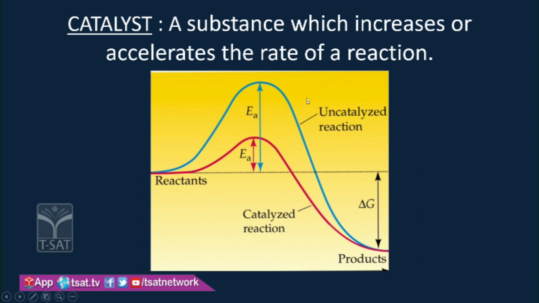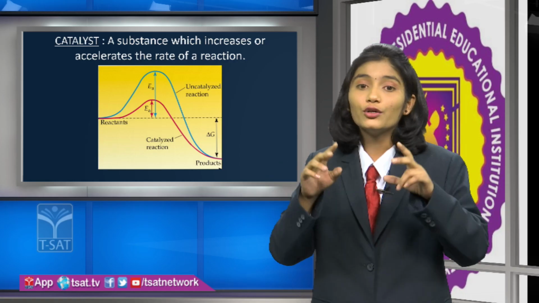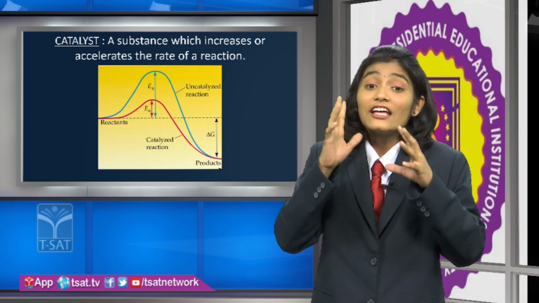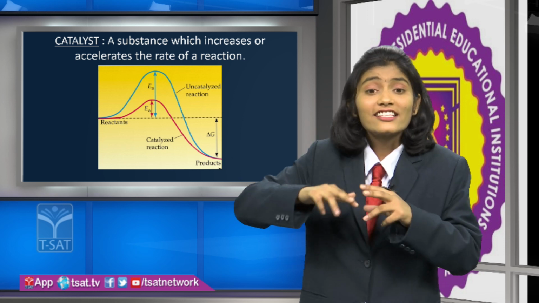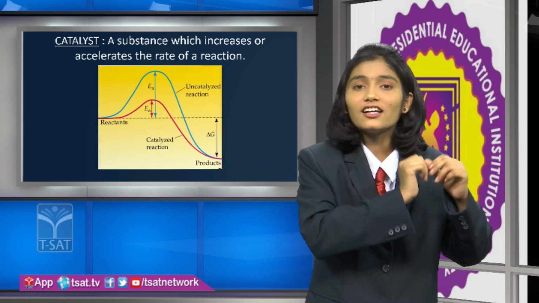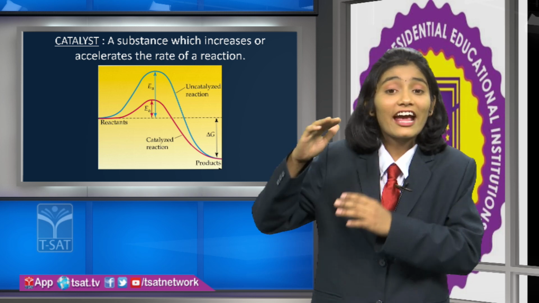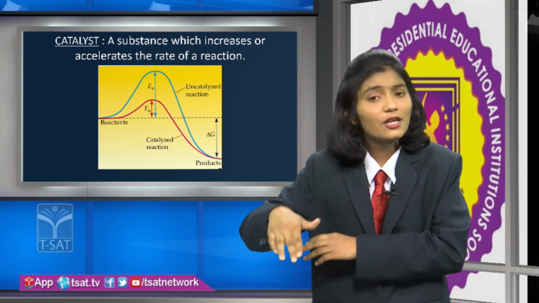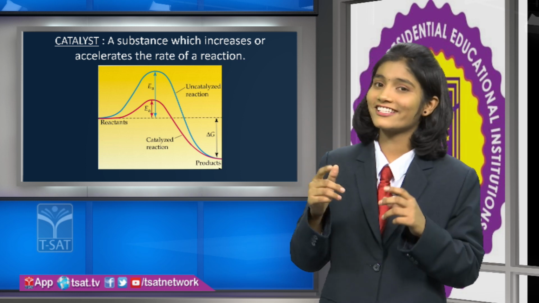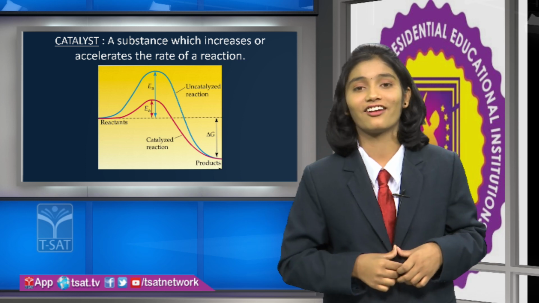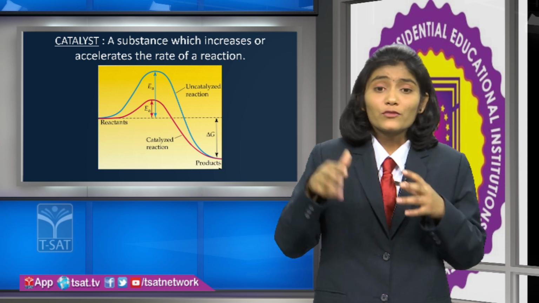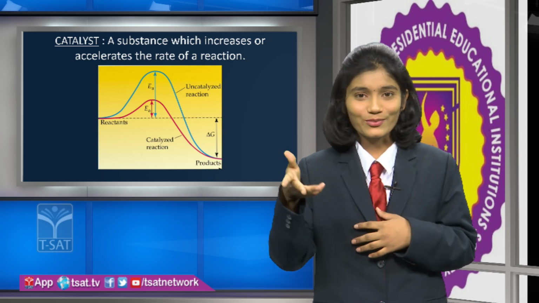Friends, what is the difference between these two curved lines? Here you can see the activation energy is increased in the red colored curve, which is the catalyzed reaction, and the activation energy is less in the blue colored curve, which is the uncatalyzed reaction. So friends, to know more, let's proceed.